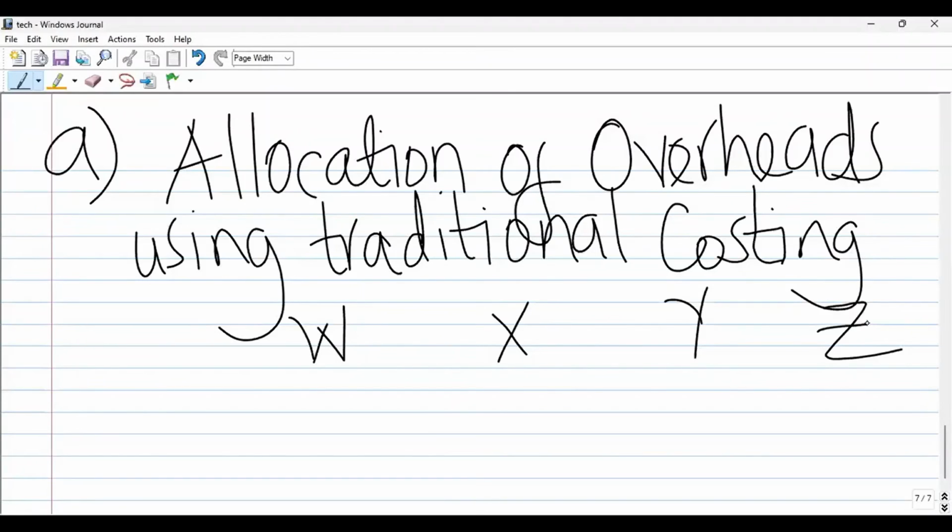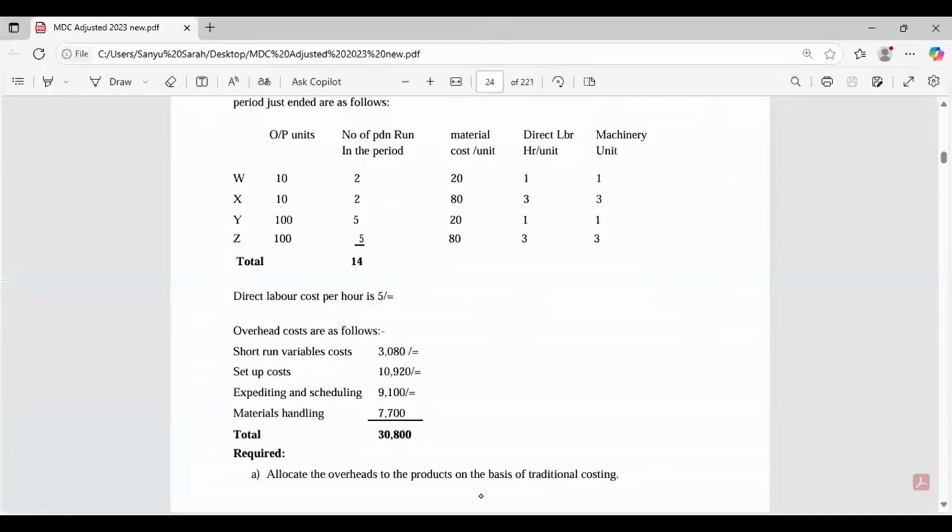They are already direct, so we don't have any challenge with them, but the challenge is on overheads. So when the examiner gives you a number having both direct and indirect costs, you start with the direct costs. Now, someone may wonder, what are direct costs? I told you that direct costs are variable costs.